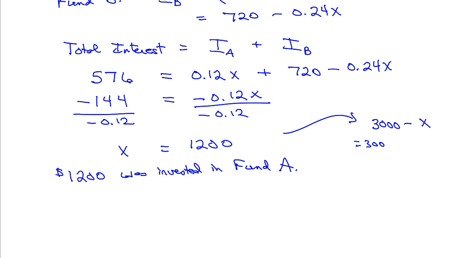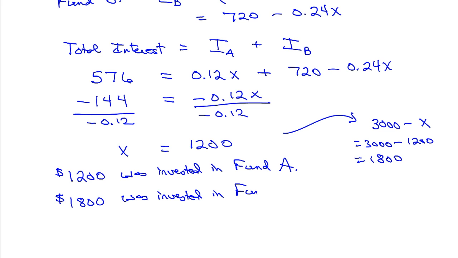So this is 3,000 minus the 1,200, which is 1,800. And so there we have $1,800 was invested in Fund B.